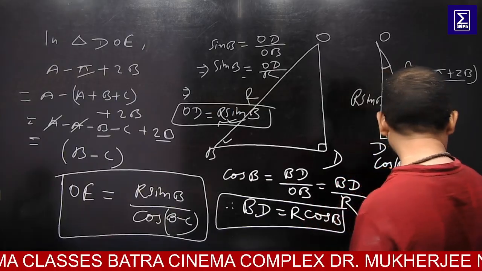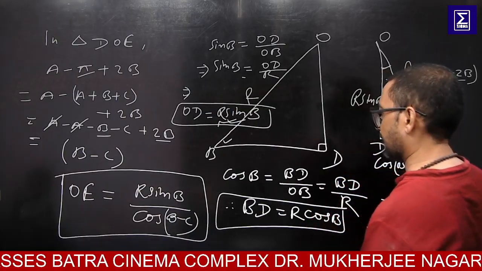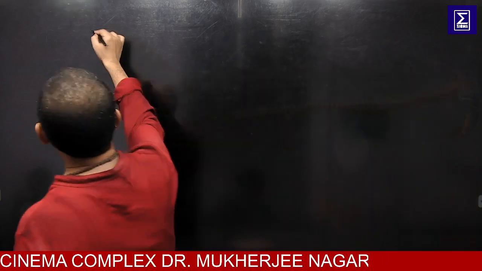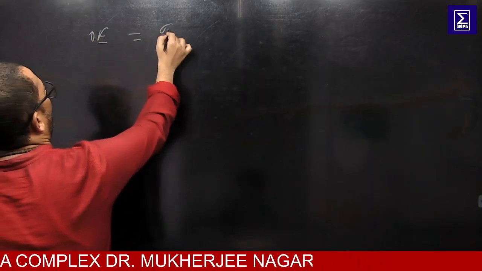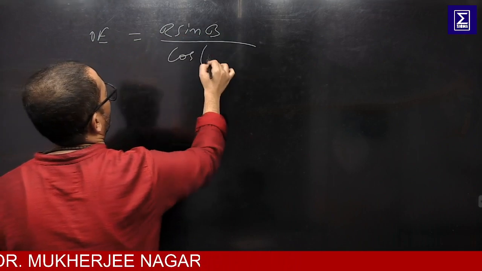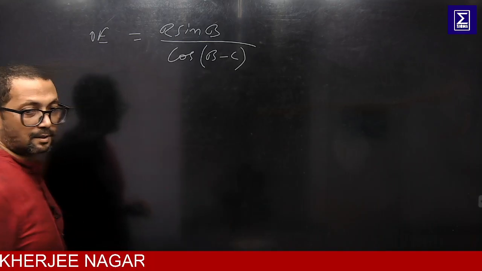So moving to the next slide, OE is equal to R sin B upon cos B minus C. Okay.